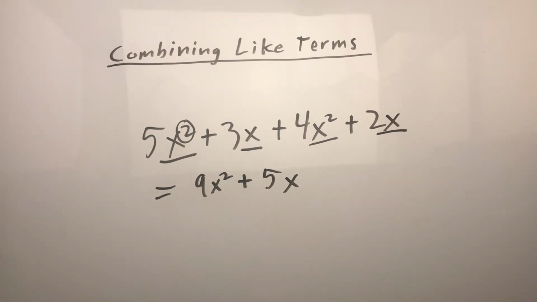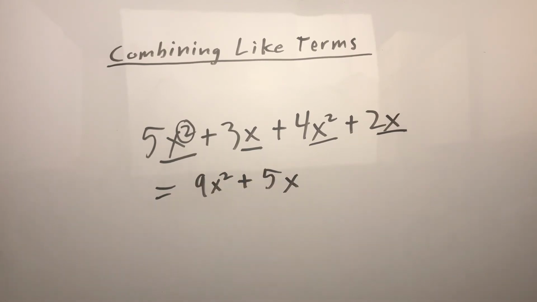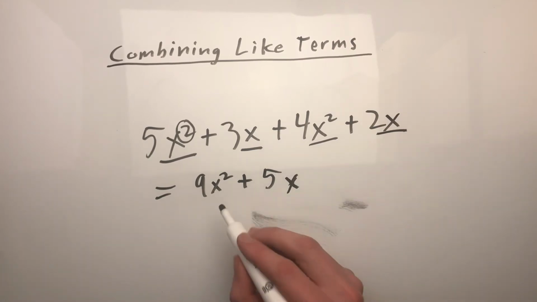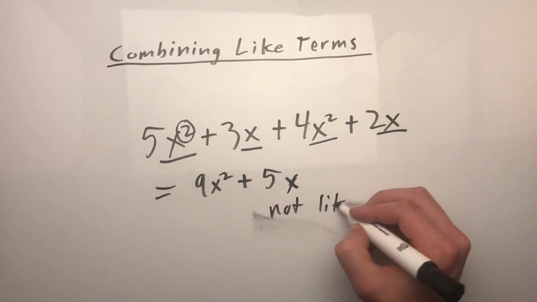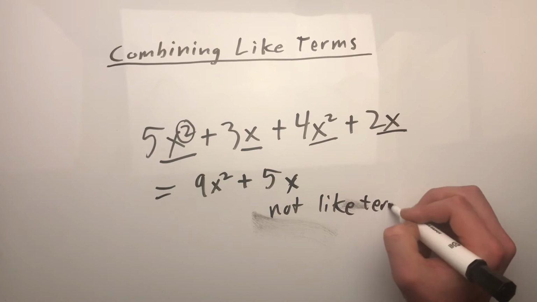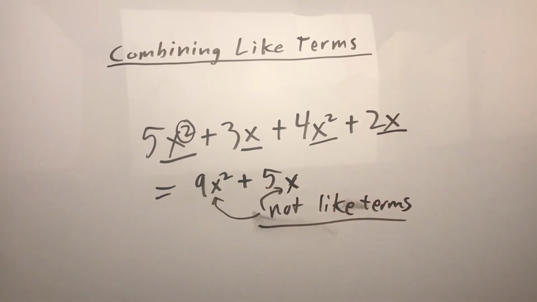So the takeaway from this expression is that exponents can make two terms unlike each other, non-like terms. So an x squared and an x are not like terms, which means that they cannot be combined in this way.